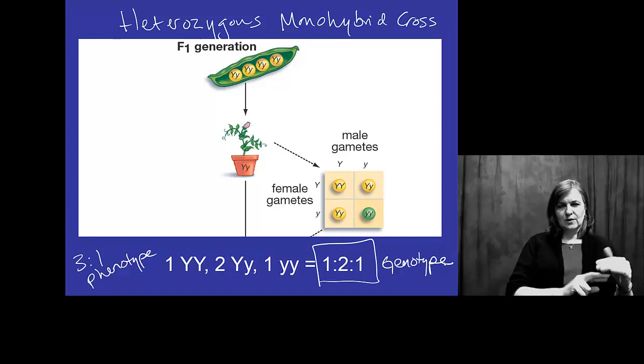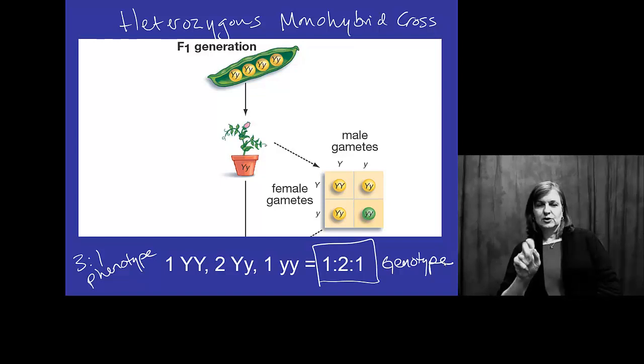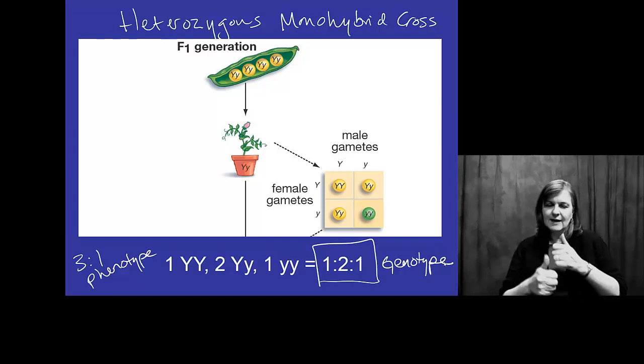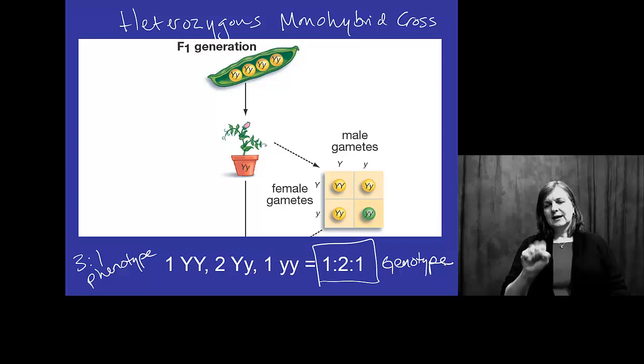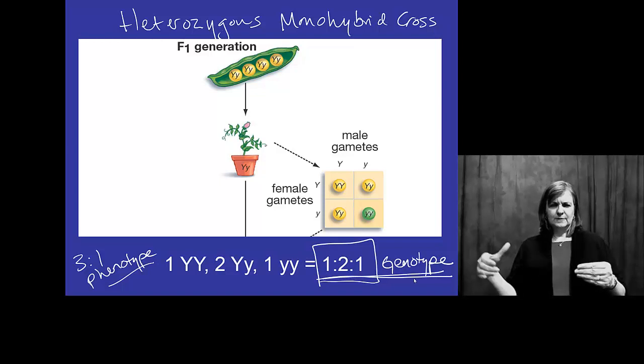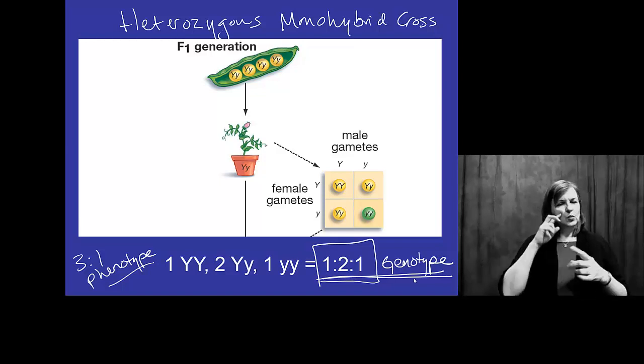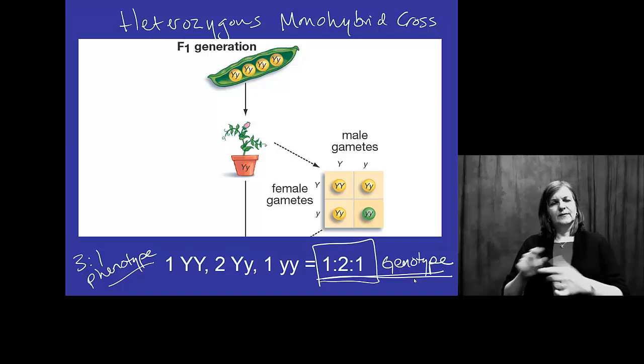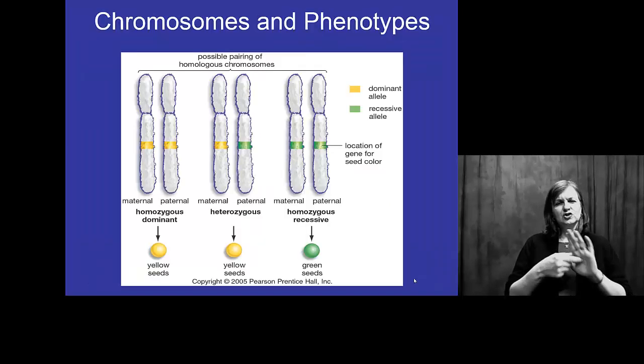It cannot be anything else. You can combine all of the capital and small letters on the planet, and you will never get anything different. 3 to 1 phenotype, 1 to 2 to 1 genotype for every single heterozygous monohybrid cross. Guaranteed.